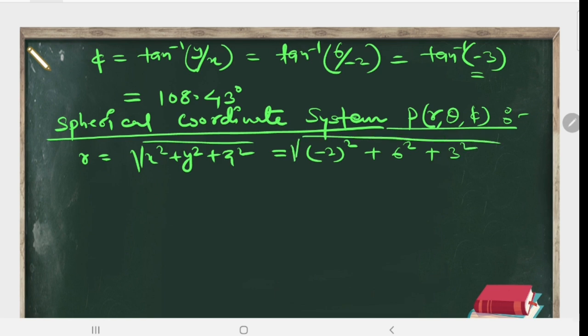If you simplify this, you will get root 49, which is equal to 7. So the radius of the sphere is 7.